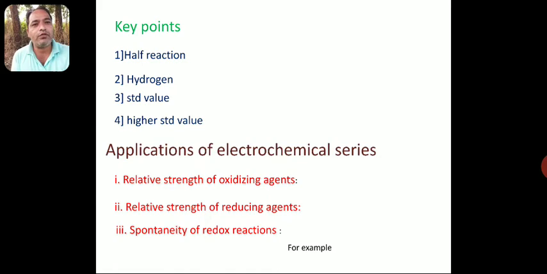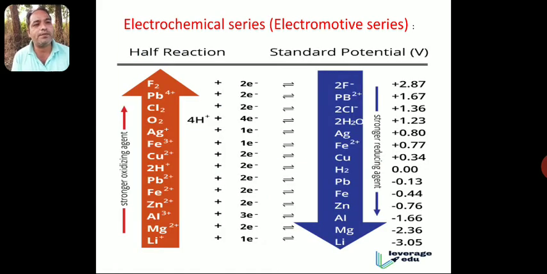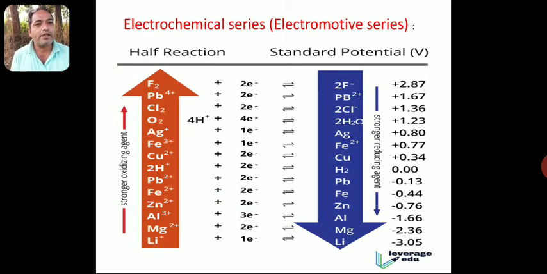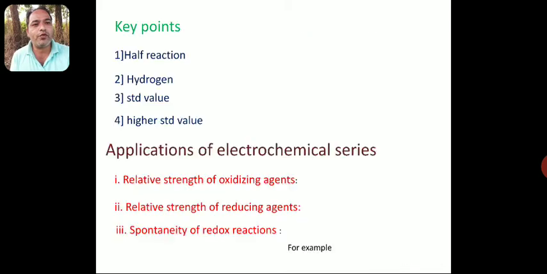We can find out the relative strength of the concerned species by using their standard potential, how much strength that species has to oxidize the other species. Similarly, the relative strength of the reducing agent: by using the same standard potential values, we can conclude how strong the reducing agent is.